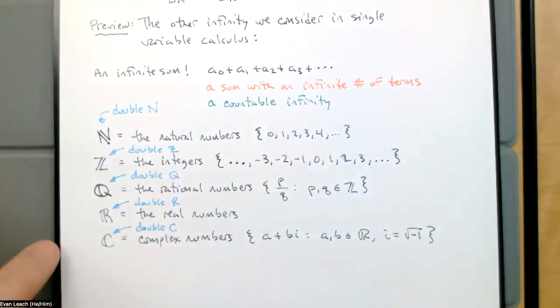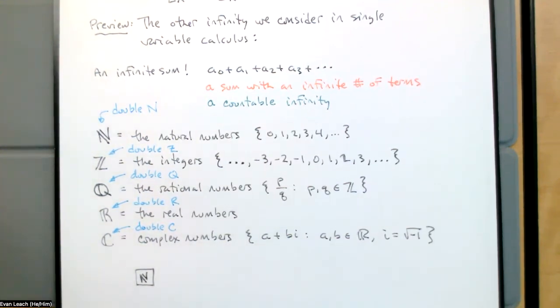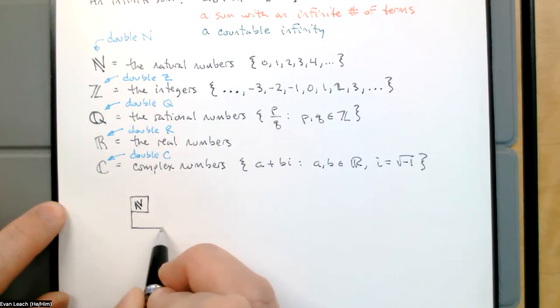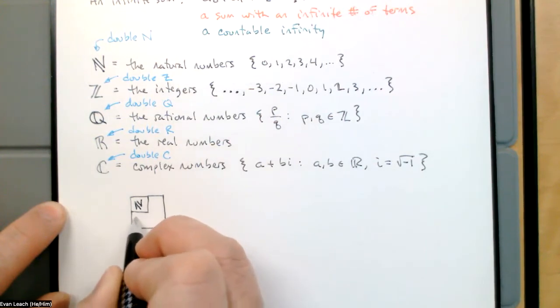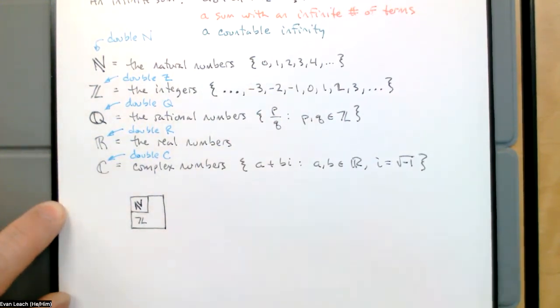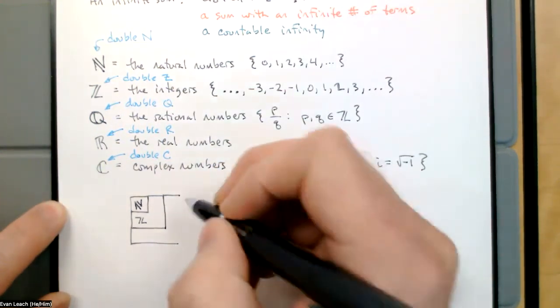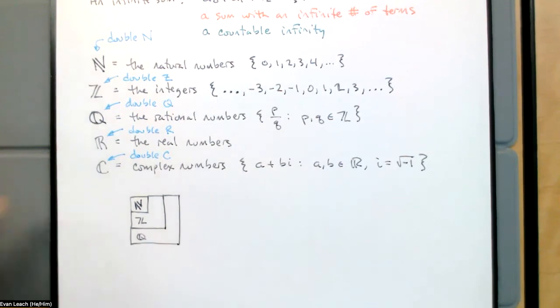So if we start off with the natural numbers in this little box, I'm not good at drawing the double N. That's a subset of the integers, which is a subset of rational numbers, which is a subset of real numbers.